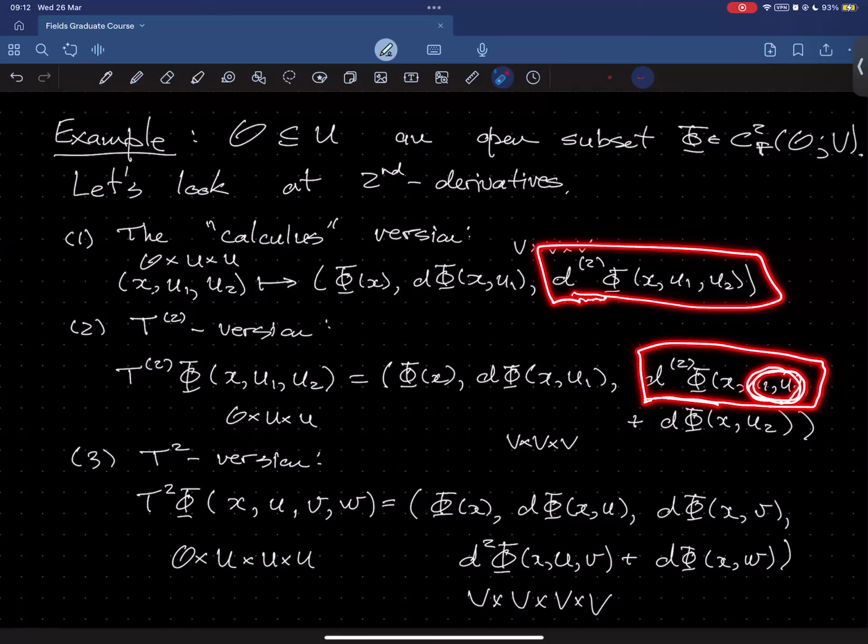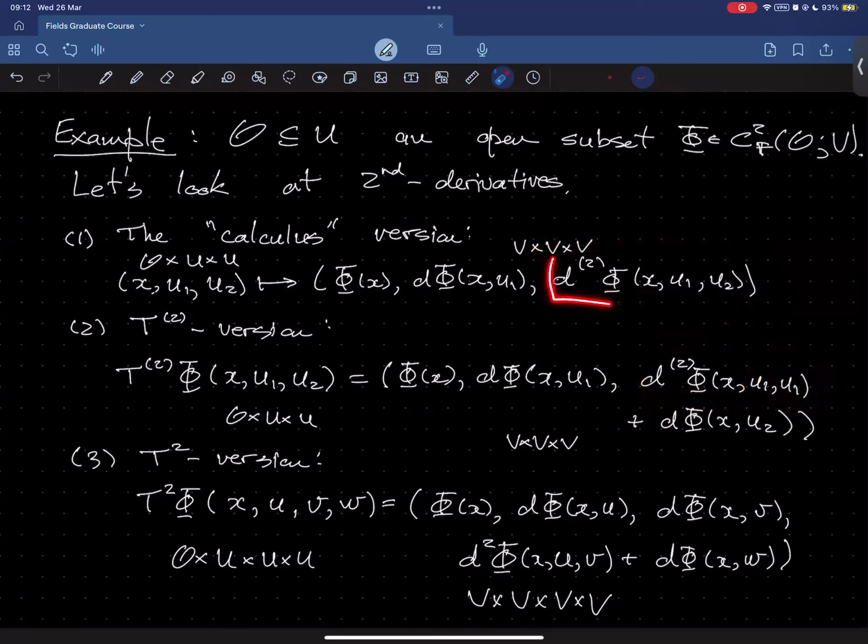Then you can derive the general form of the multilinear mapping using what's called the polarization formula. So the point is you can express this thing as a finite linear combination of entries like this.